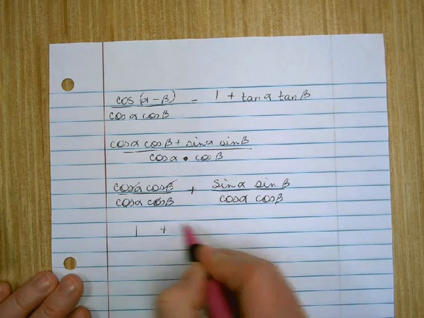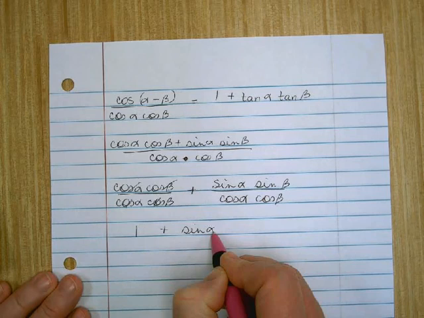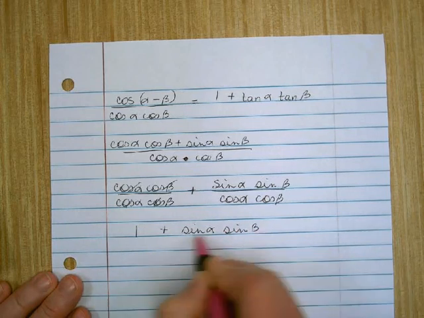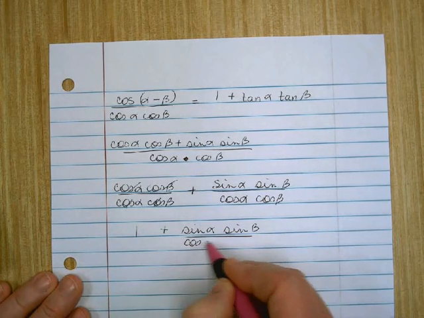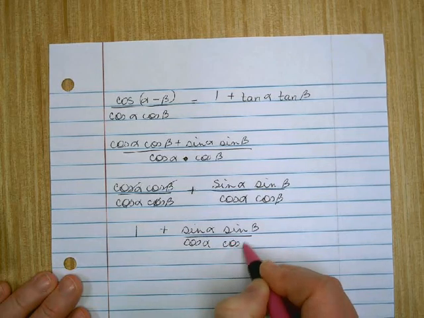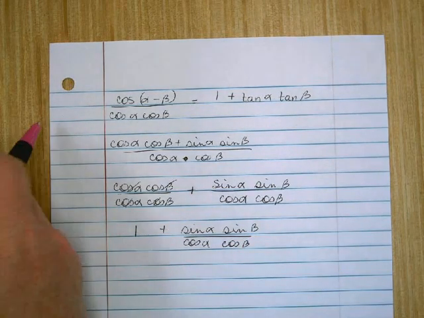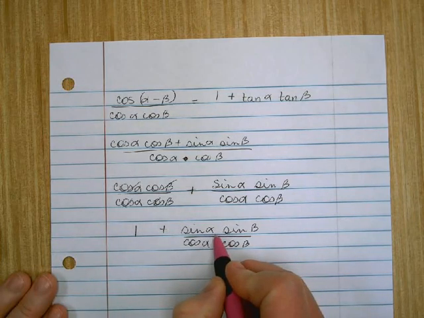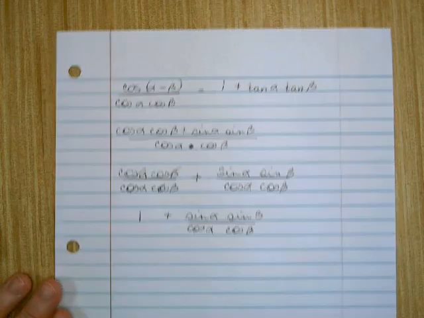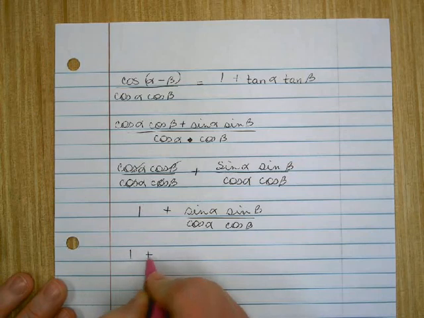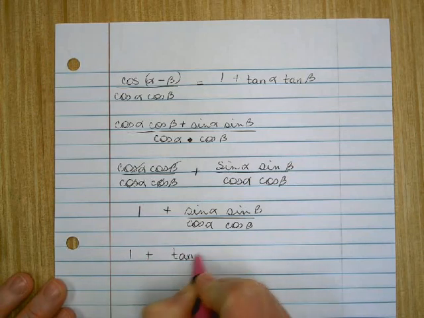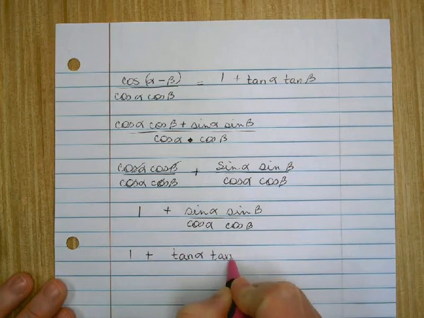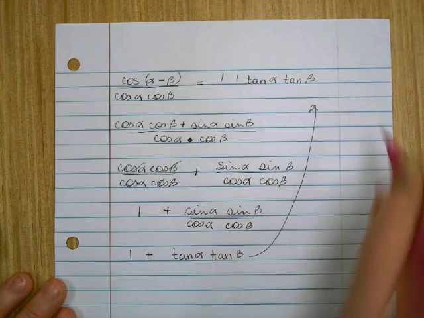The second is sine alpha sine beta over cosine alpha cosine beta. Here we see that if we split this according to its angles, we have 1 plus the tangent of alpha times the tangent of beta, which is exactly what we were supposed to get.